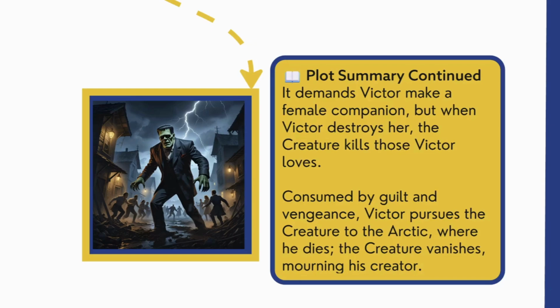So the novel continues, and consumed by guilt and vengeance, Victor pursues the creature to the Arctic, of all places, where he ends up dying. The creature vanishes, mourning his creator. Okay, so it's a bit of an open resolution in some ways, but a very tragic one that shows the dangers if we do try and create life and play God.